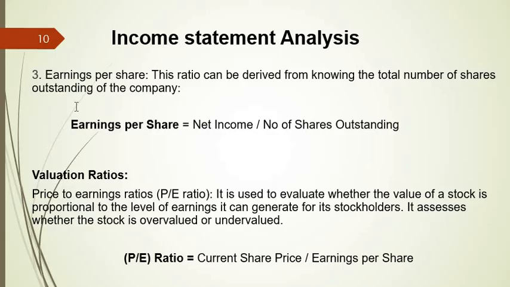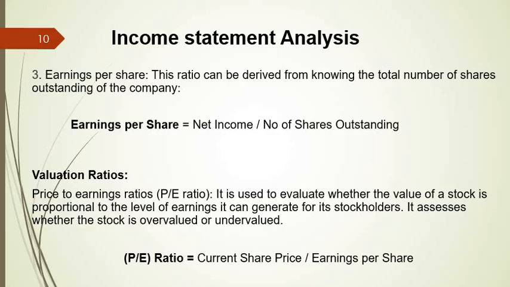Then comes the valuation ratio, the price to earnings ratio. It is used to evaluate whether the value of the stock is proportional to the level of earnings, and it can be generated for stockholders or shareholders. It assesses whether the stock is overvalued or undervalued. The price to earnings ratio is derived by dividing the market share price by earnings per share, which we already calculated by dividing net income by the number of shares outstanding.